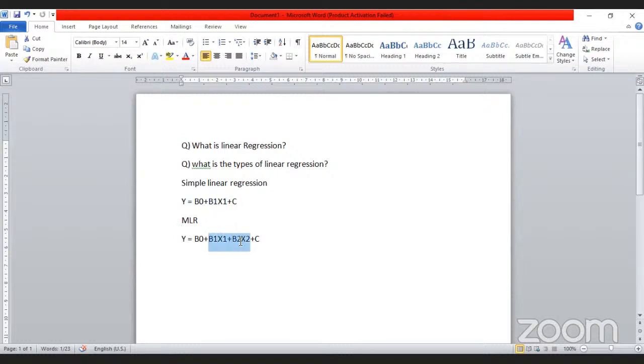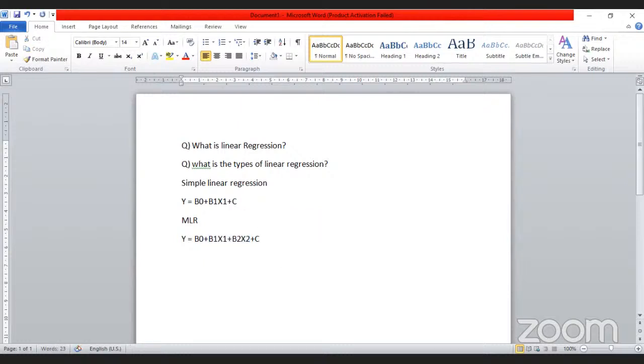That could be n; the number is not fixed, but more than one. So that is multiple linear regression. These are the two types of linear regression. Okay, understood? Now we can go with our next question.